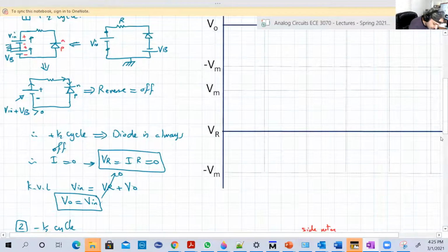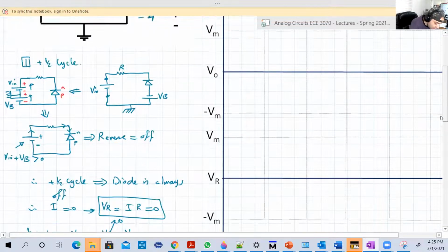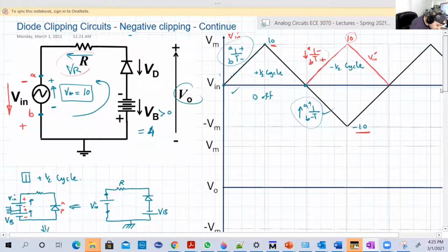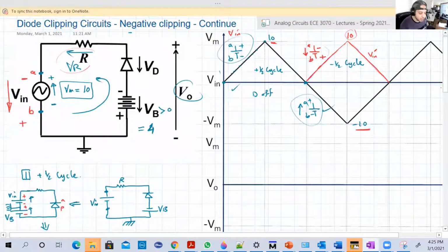So VD in the positive half cycle is equal to V input. So when V input is 0, V output is 0. When V input, for example, is 1, V output is 1. When V input is V maximum, which is 10, V output is V maximum. And again, it will be exactly the input.